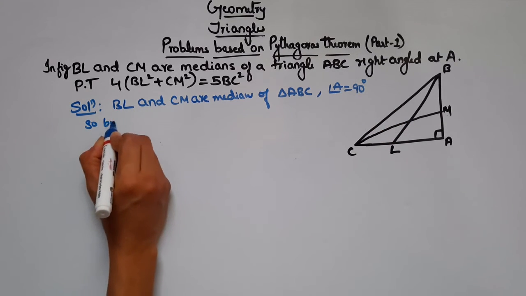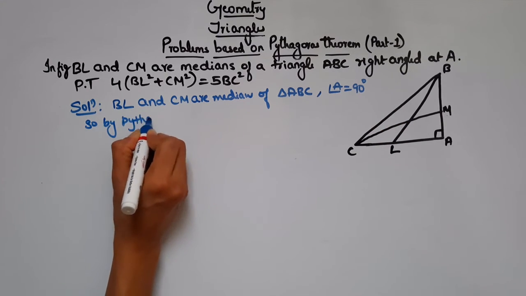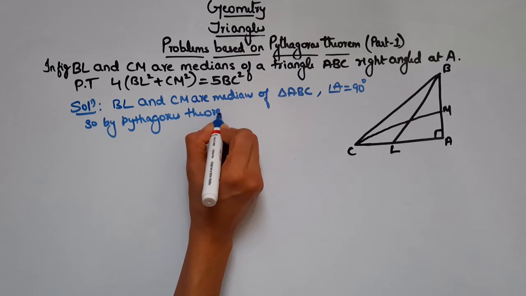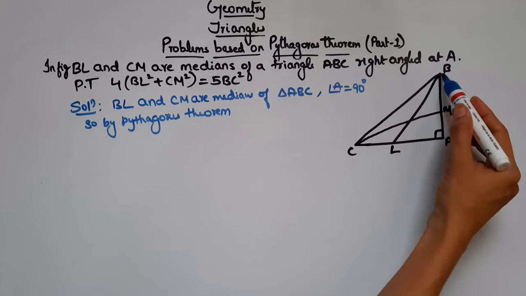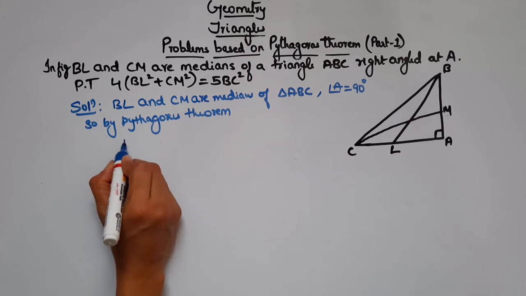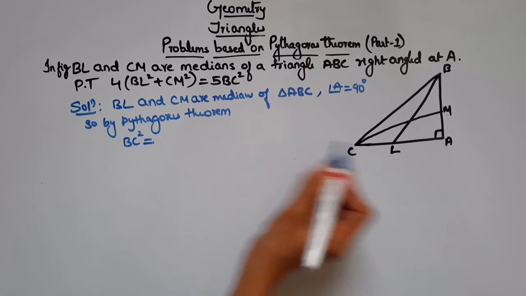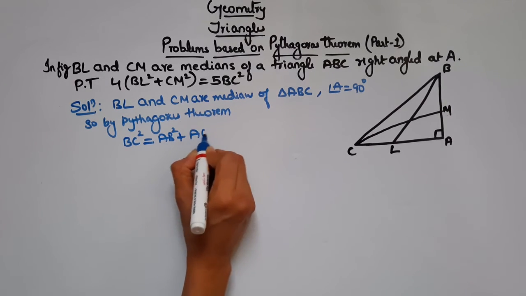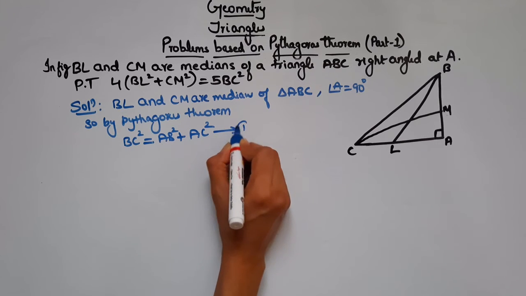So by Pythagoras theorem, we can write BC square, that is hypotenuse, BC square is equal to AB square plus AC square, right? So let's take this equation as 1.